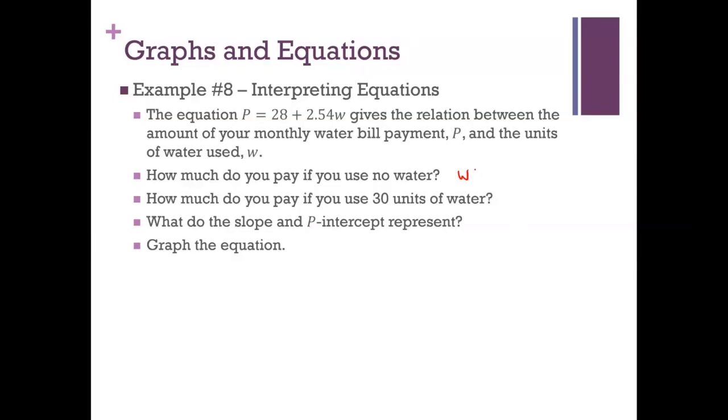W is equal to 0. So for W equal to 0, P equals 28 plus 2.54 times 0, which is 28 plus 0. So the answer to this question is $28. That's how much you pay just to be connected to the water supply.